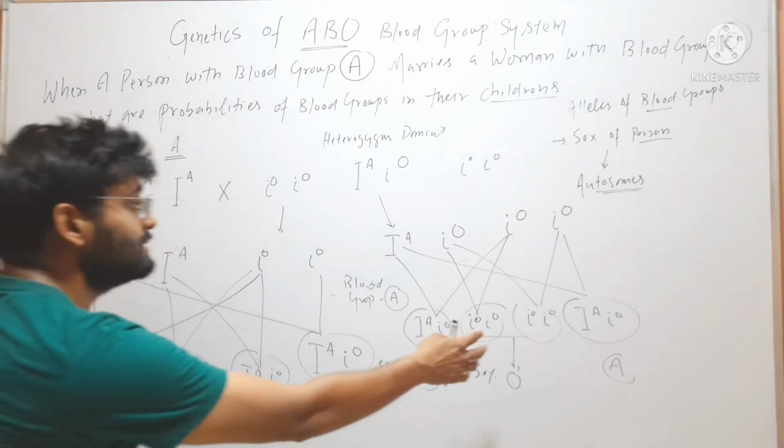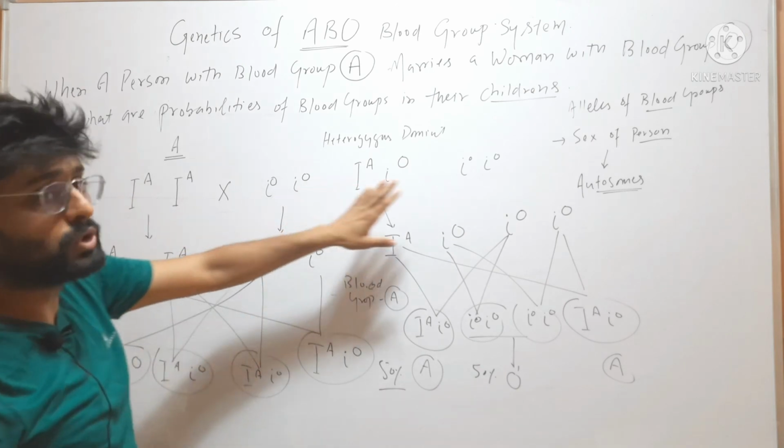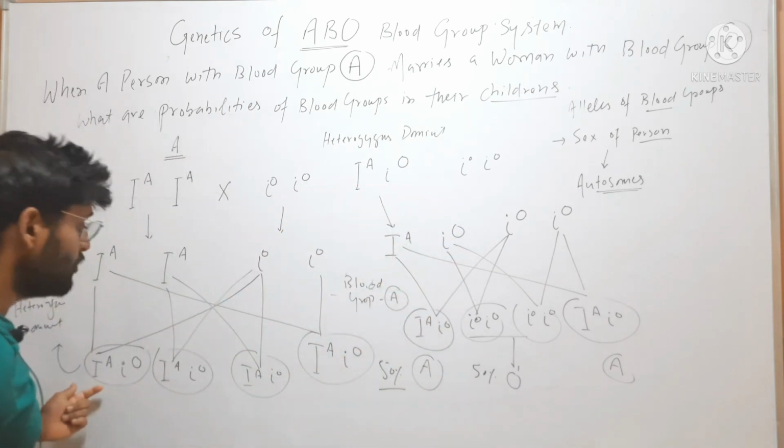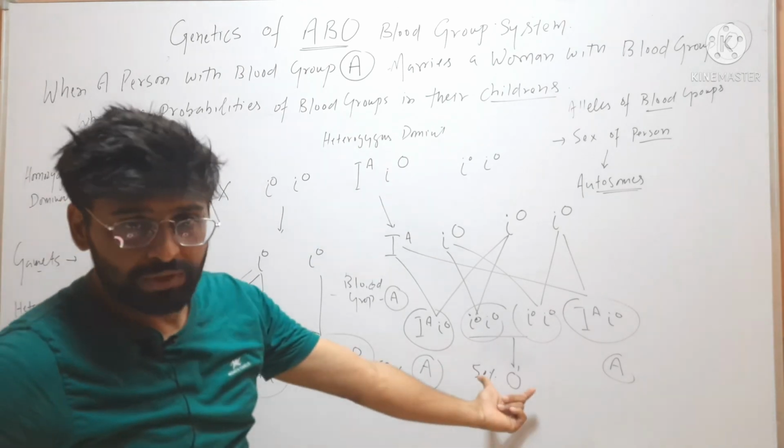Now we will combine both, the probabilities of homozygous dominant and heterozygous dominant. Here we have 8 progenies, 4 from this and 4 from this.